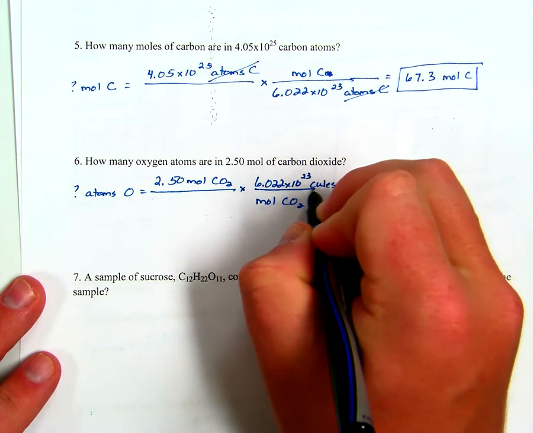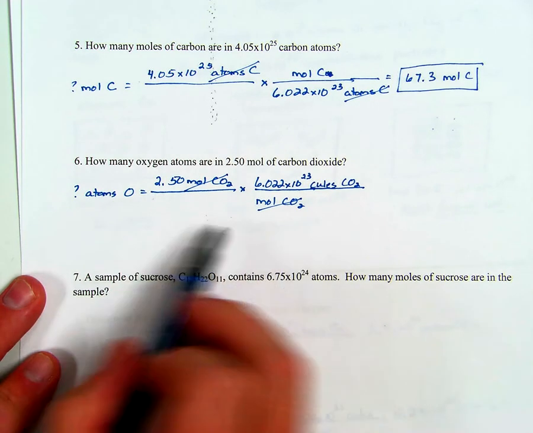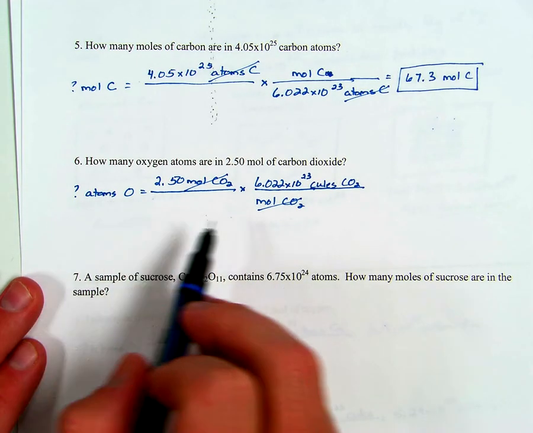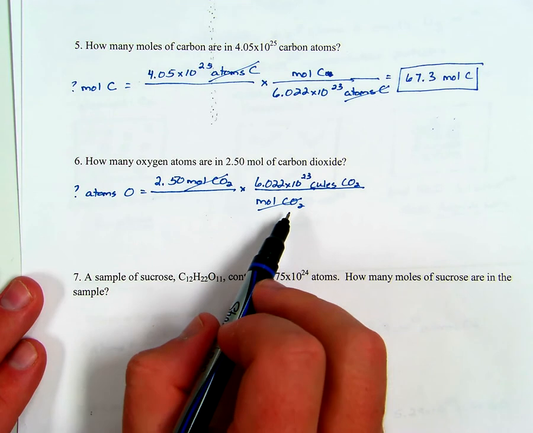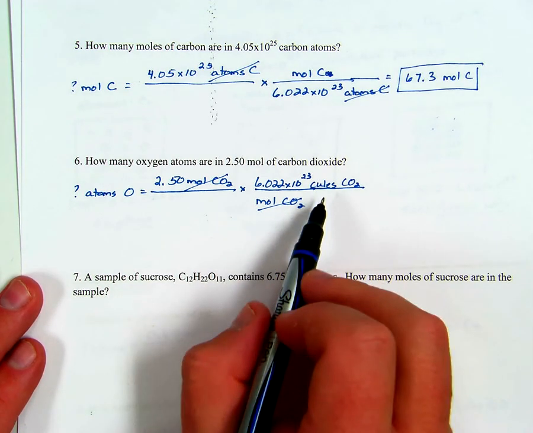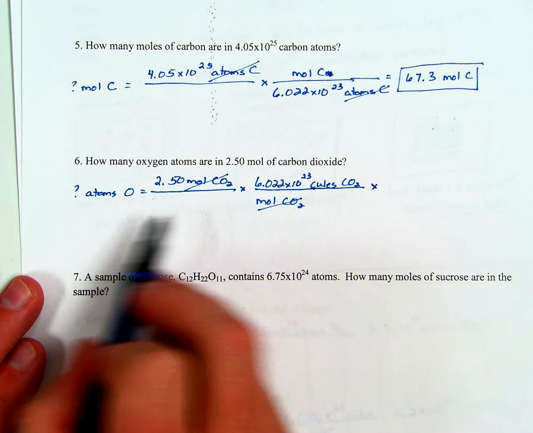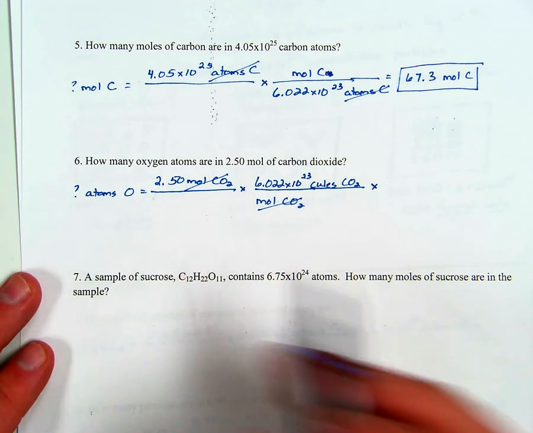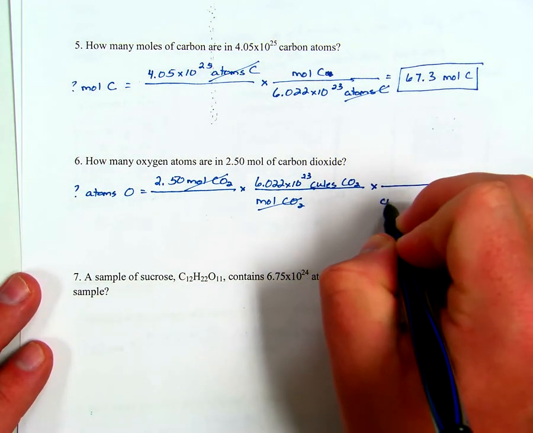Just because I'm looking for atoms of oxygen doesn't mean I can put atoms of oxygen on top here in this unit. If I have a mole of the CO2, then I have a mole of that whole particle. So now we need to go from molecules of CO2 to atoms of oxygen. Well, we can do that simply by looking at the formula. I can see that 1 molecule of CO2 has 2 atoms of oxygen.